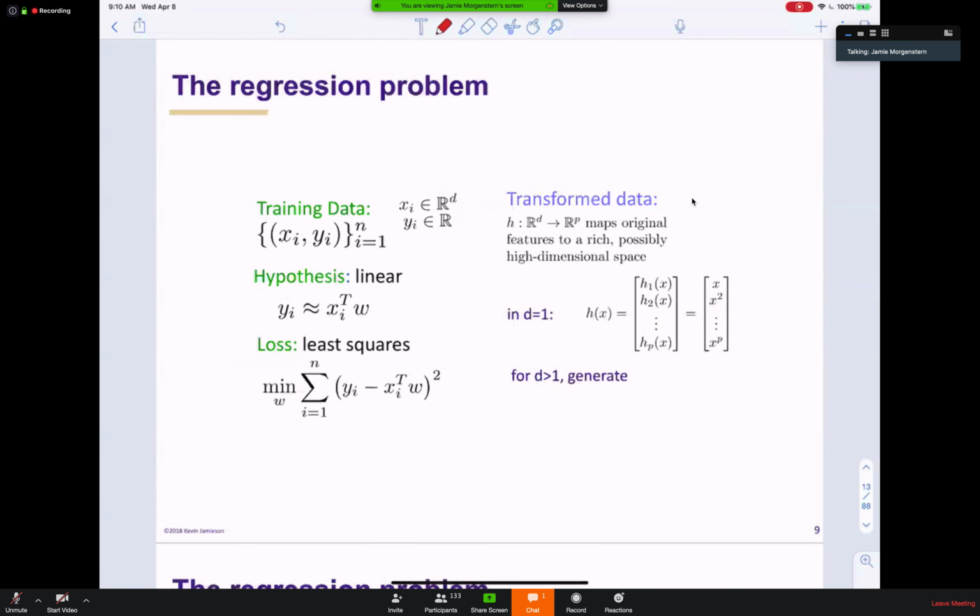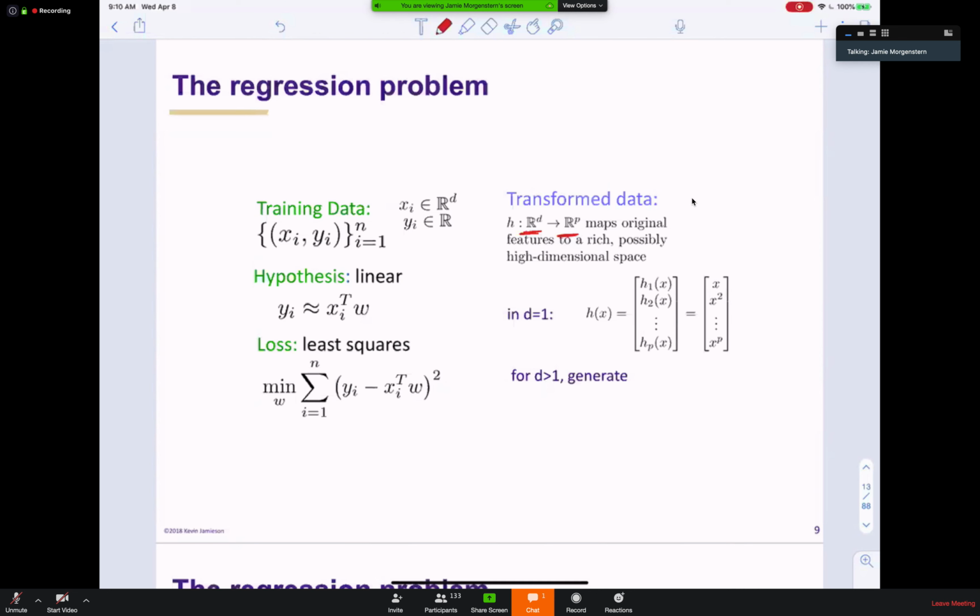So the regression problem that we're talking about: we're thinking about taking some mapping h, which takes houses in R^d, remember we initially had d-dimensional representations of our data points, and maps them into R^p, some other p-dimensional space, which might be higher or lower than d.